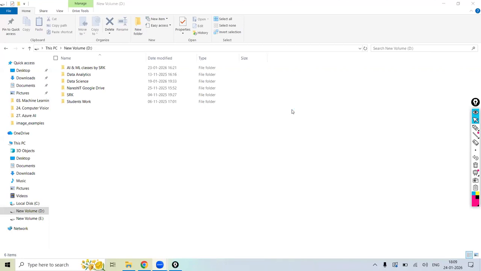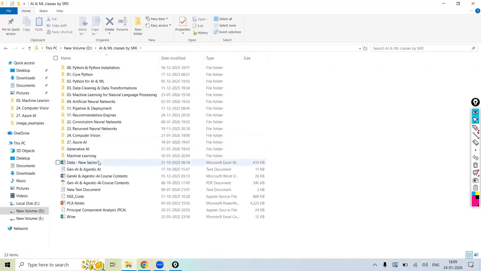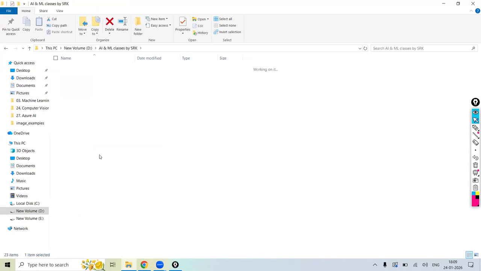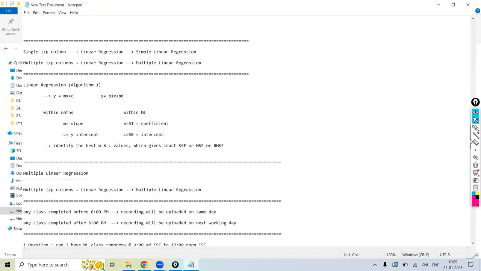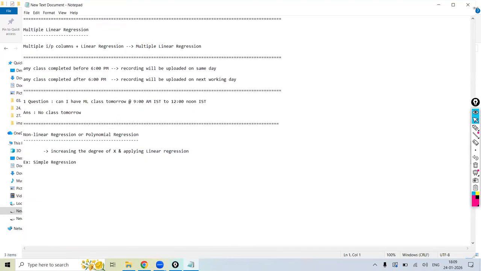Okay, done, guys. So, in the last class, we discussed machine learning, and within machine learning, we completed the introduction part, and along with that, we also covered linear regression and multiple linear regression.